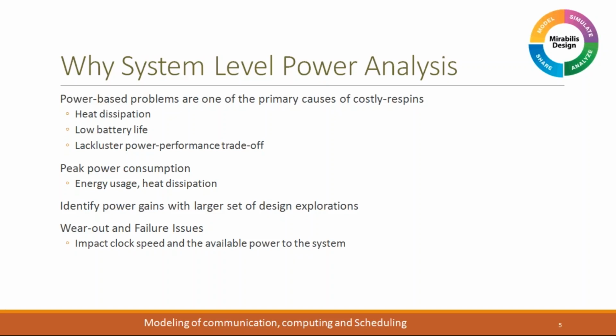Problems such as power versus performance trade-offs can be identified and explored at the system level very effectively. For example, system level models enable you to identify the power gains and performance reports with a larger set of design explorations.